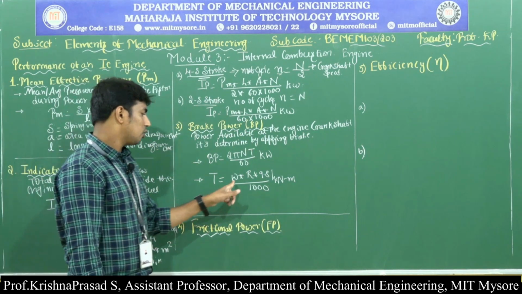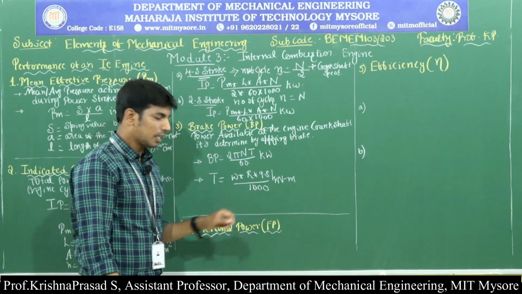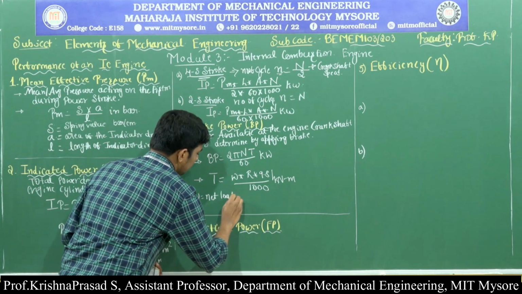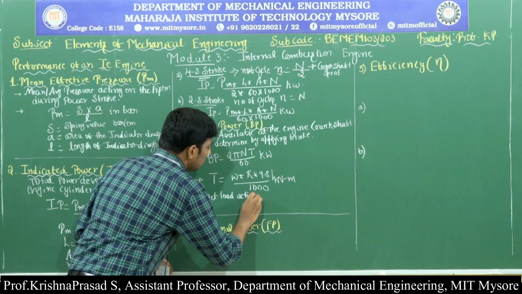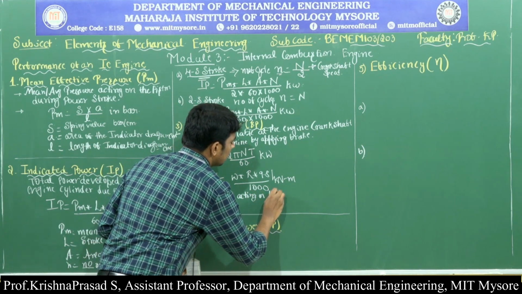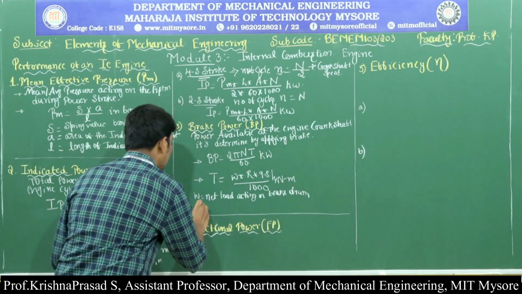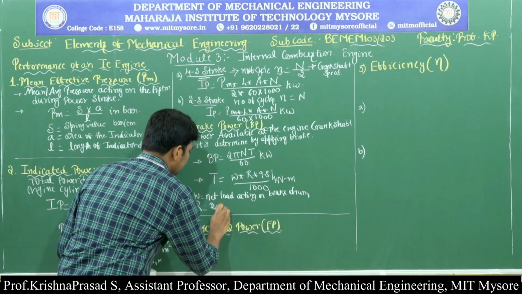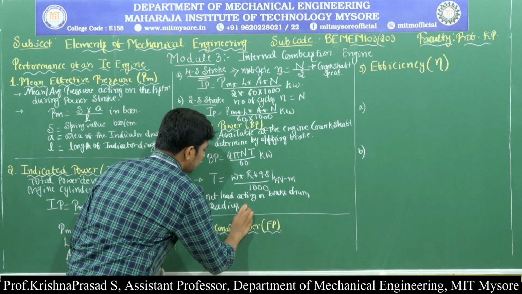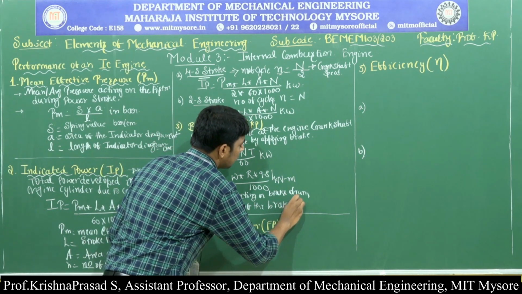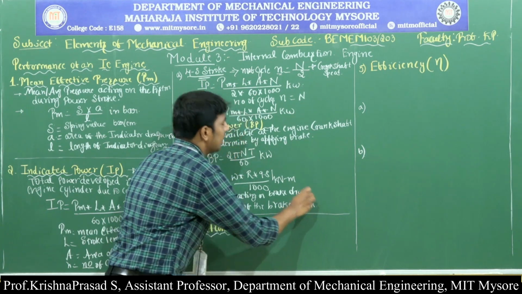Okay, then what are the two parameters W and R here? W is equal to net load acting on the brake drum, and R equals radius of the brake drum.